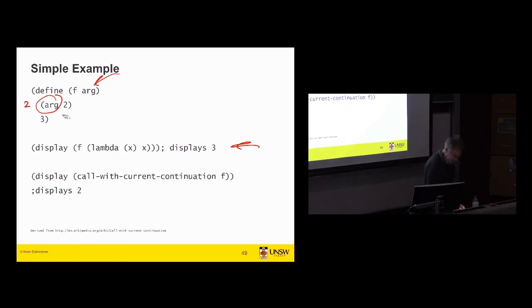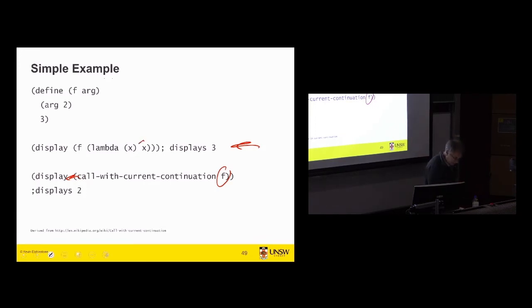Now let's play the same game with call with current continuation. So if we display call with current continuation f, remember call with current continuation basically creates a function that represents returning from call with current continuation to this point here. And it then calls the function f and passes as an argument the function that allows us to warp back to this point.